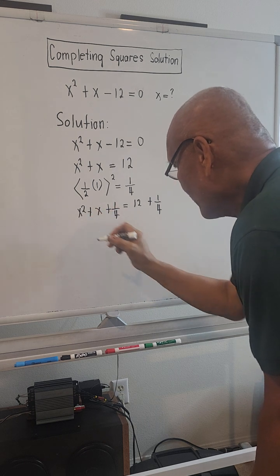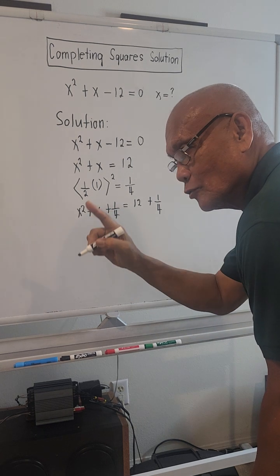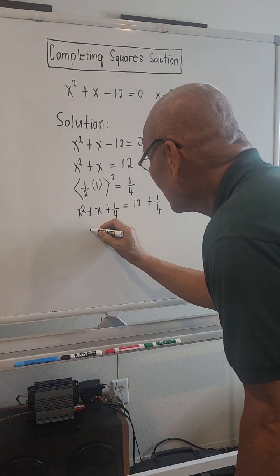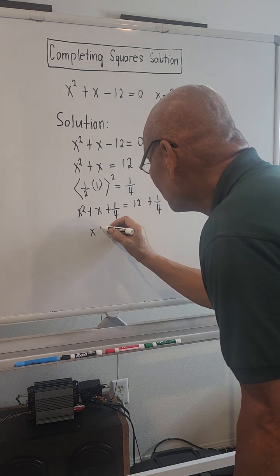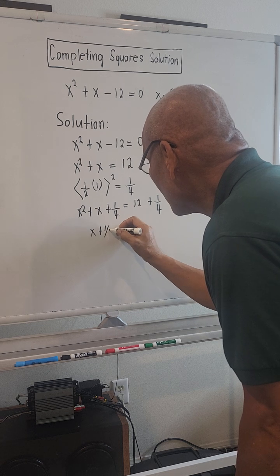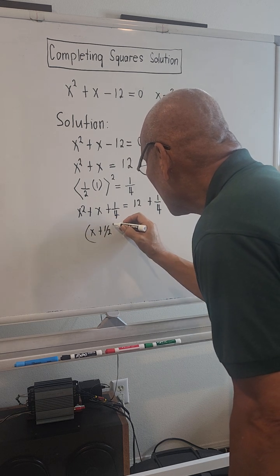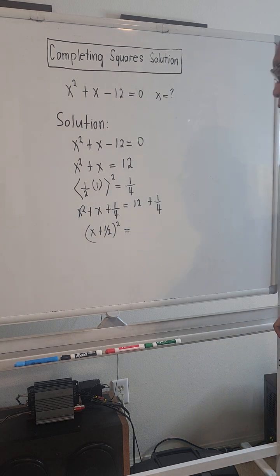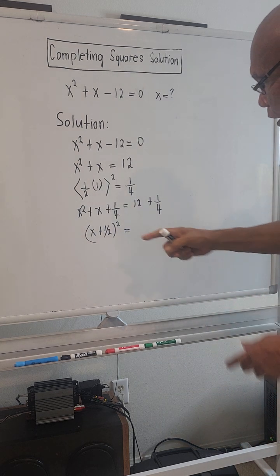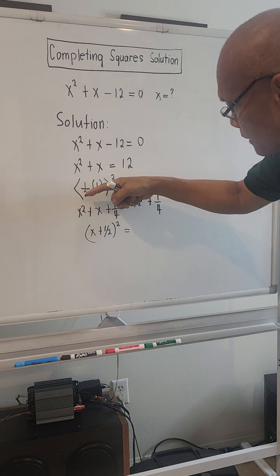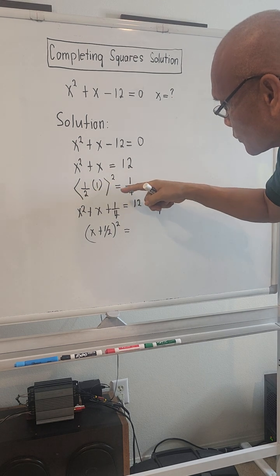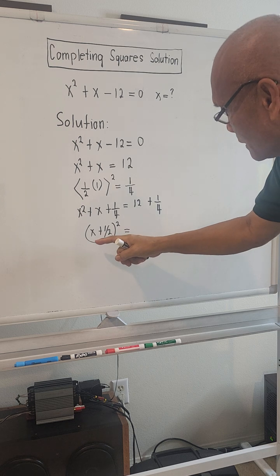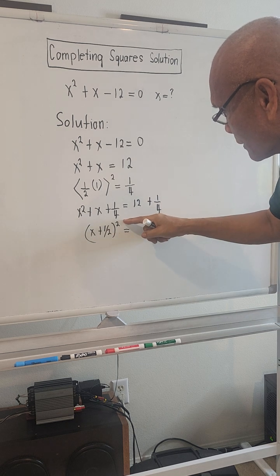What will come out on the left hand side is now factorable to a perfect binomial, which is x plus 1/2 quantity square, equivalent to the expanded form, x squared plus x plus 1/4.